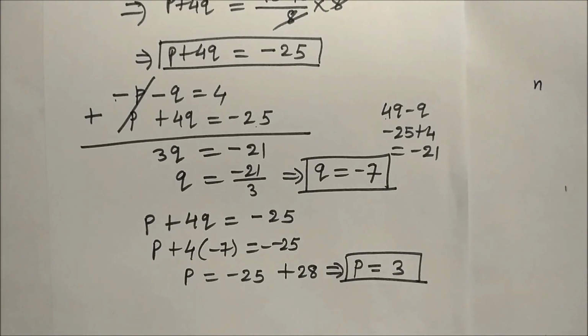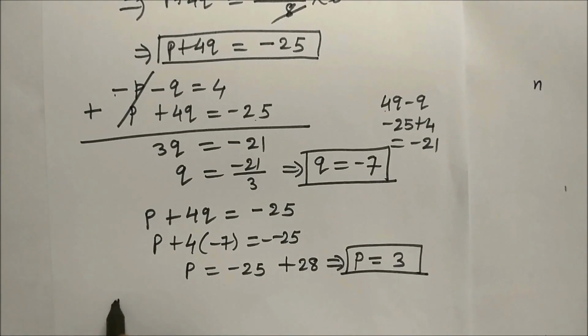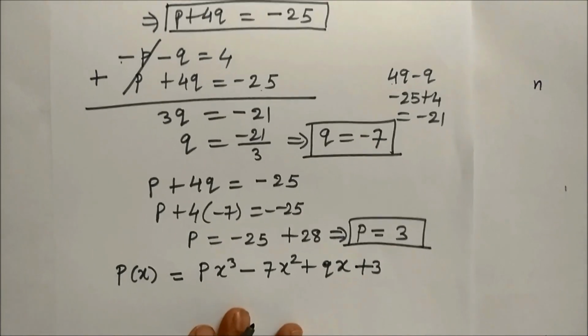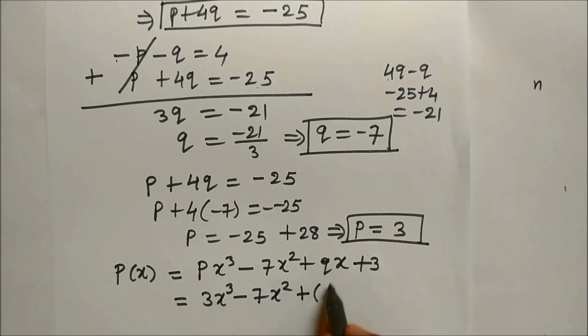Now we have value of P and Q. So we will replace this value in the polynomial. Px is given 3x cube minus 7x square plus Qx plus 3. We shift this value here, so we have polynomial 3x cube minus 7x square plus value of Q is here minus, so minus 7x plus 3.